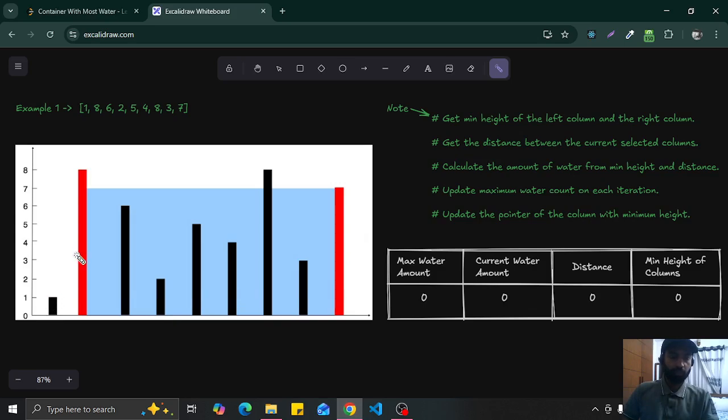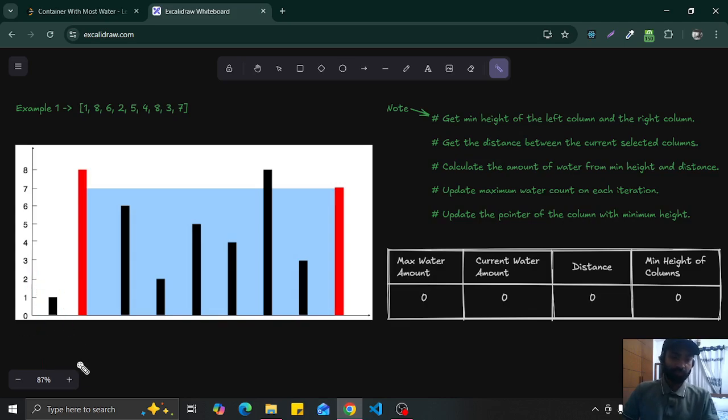And if we pour water here, water will get spilled out from here. So the maximum amount of water this container can hold is 1 unit of water, because the column with the lowest height has the height of 1.